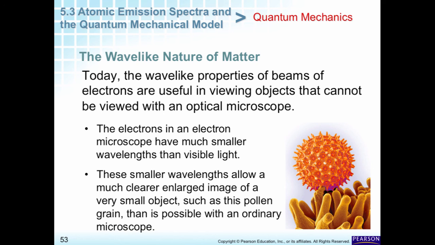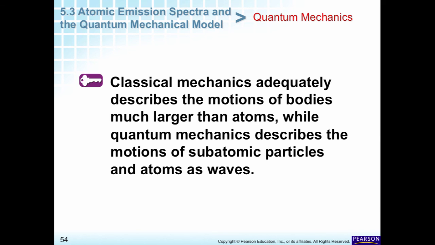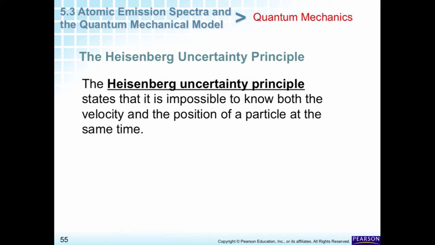They have much smaller wavelengths than visible light, and they allow for a clearer enlarged image of very small objects like pollens or other things that we can't see with a normal microscope. Okay, classical mechanics or physics describes the motions of bodies much larger than atoms, while quantum mechanics is used to describe the motions of subatomic particles and atoms as waves.